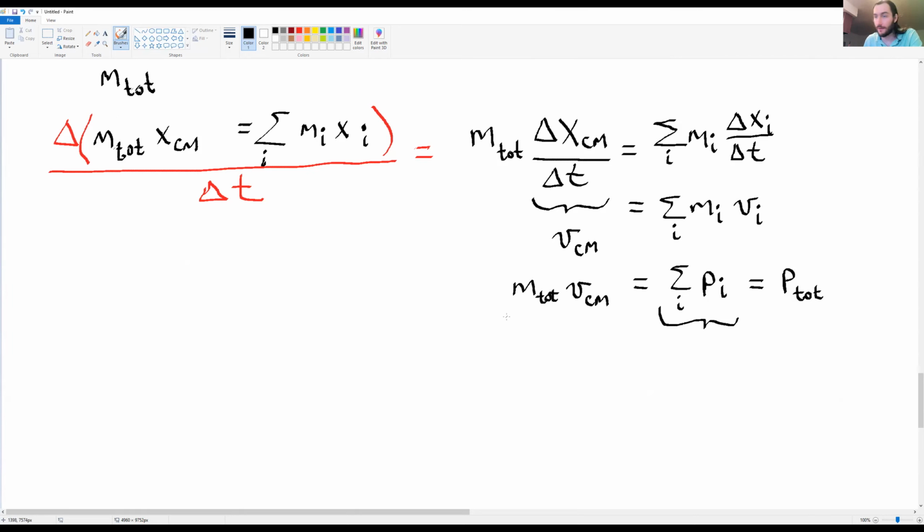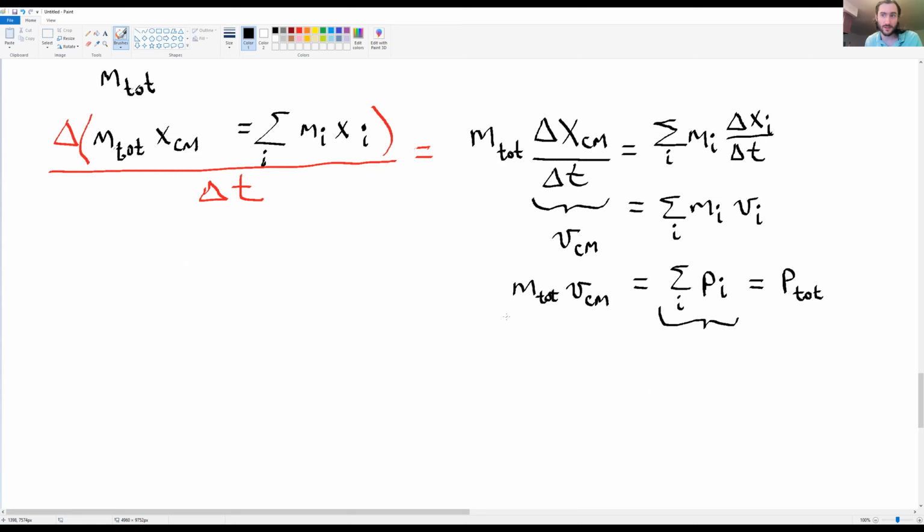And astronomers have really good methods of calculating the total mass of a galaxy based on how it's moving relative to other galaxies. So when you look at clusters of galaxies, they're kind of orbiting each other, not too much differently than what we did in our section on circular motion, right? Circular orbits.